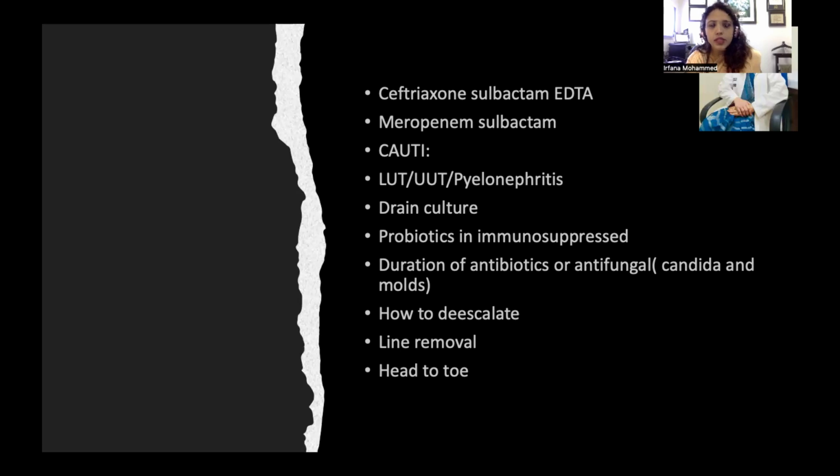But there are some studies where they have seen there is synergy between meropenem-sulbactam when given for Acinetobacter. But whatever studies are there are in vitro studies, and there are no in vivo studies available to show that this combination is beneficial for Acinetobacter.